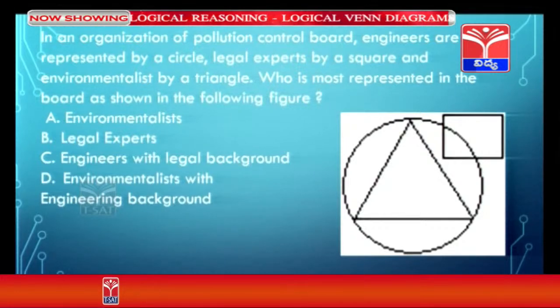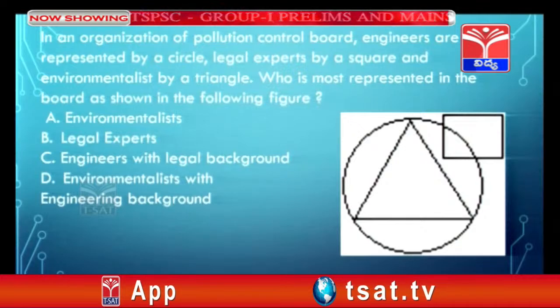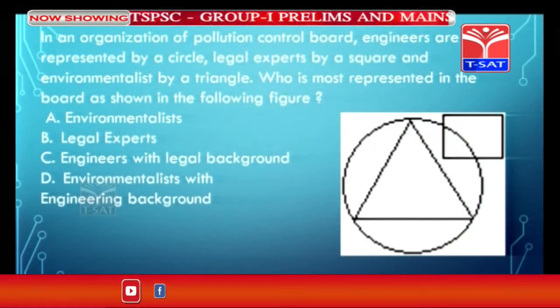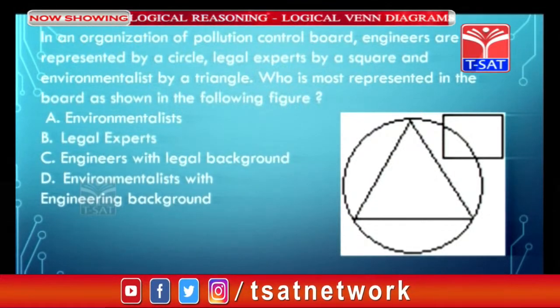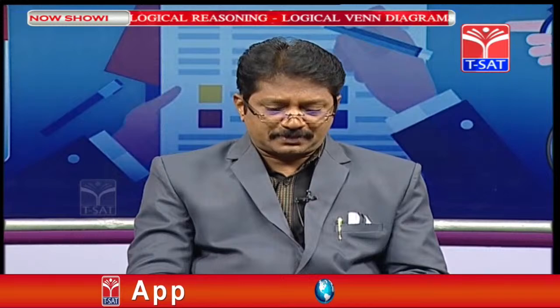In an organization of the pollution control board, engineers are represented by a circle, legal experts by a square and environmentalists by a triangle. Who is the most represented on the board as shown in the following? Most represented means who occupies the maximum area, that is very important here.